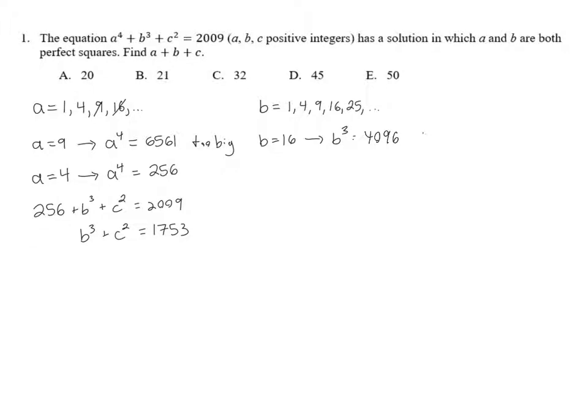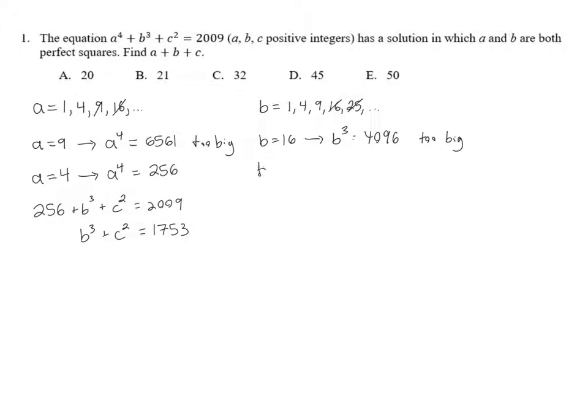And that's also too big. So that means that b can't be 16 or 25 or any of the other perfect squares larger than 9. That means that b has to be 9, 4, or 1, so long as a equals 4 was the right choice. So we try those possibilities.